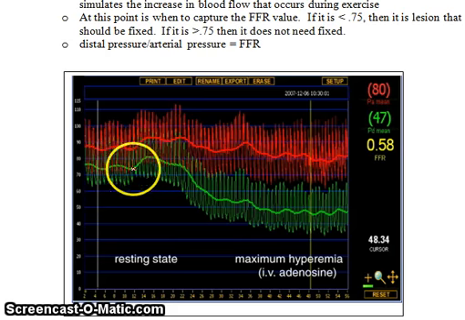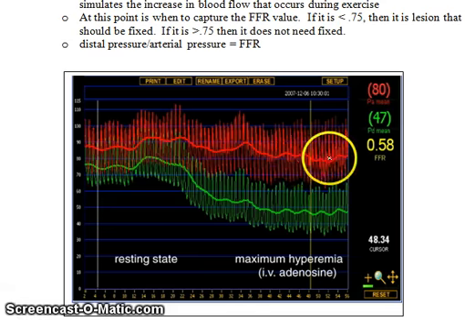So even without the adenosine, there was a gradient. But once the adenosine was introduced, usually either IV or intracoronary, the pressure gradient became much bigger.